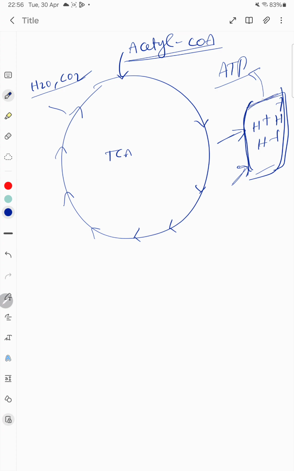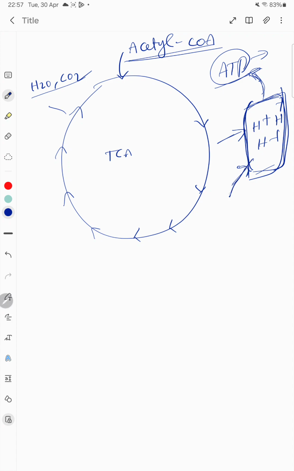This is where the electron transport chain is involved. The electron transport chain, together with oxidative phosphorylation, or you can say the chemiosmotic hypothesis, converts these H plus ions into ATP, so that we can utilize ATP and we can walk and function, right? So now how will it go?